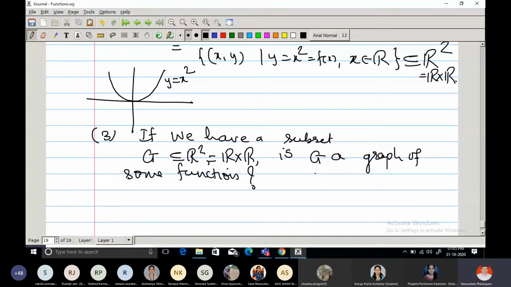Do you understand the question? Do you understand the question? Can G be a graph of some function?